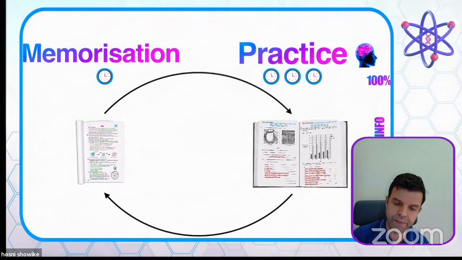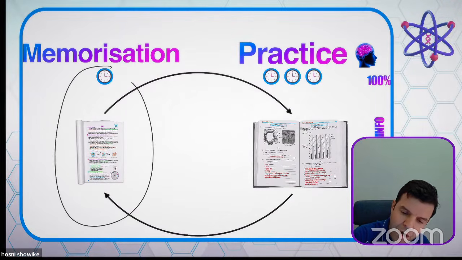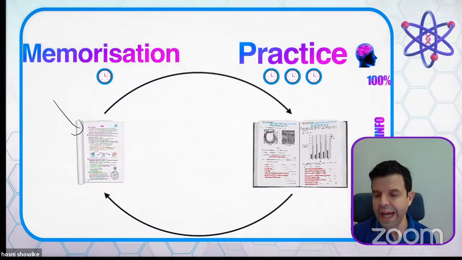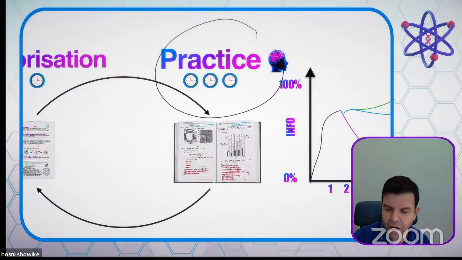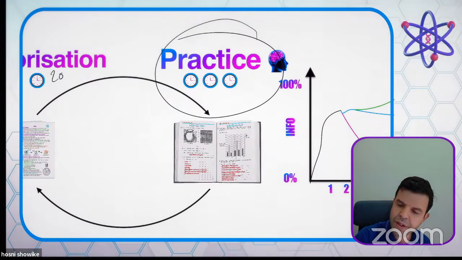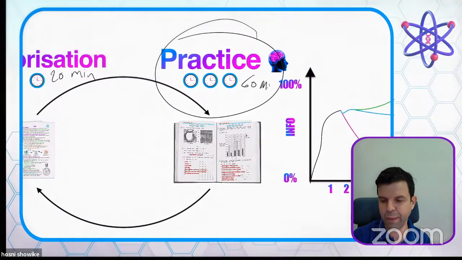You can see here, try your best to minimize the time you spend reading and trying to memorize the notes, and spend more time practicing. If you spend 20 minutes here, you should be spending 1 hour solving exam questions.